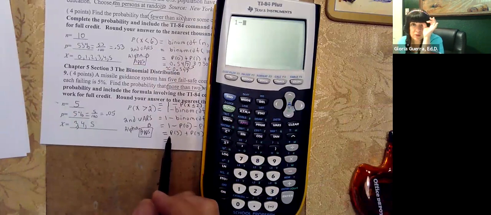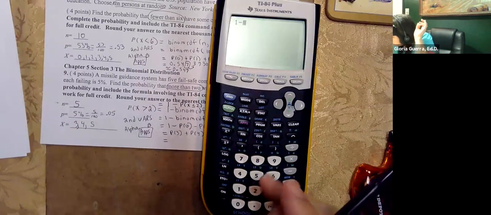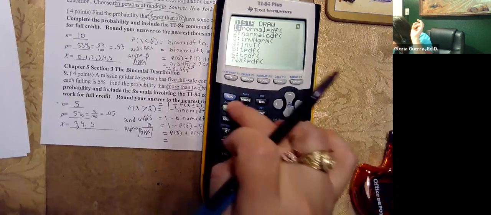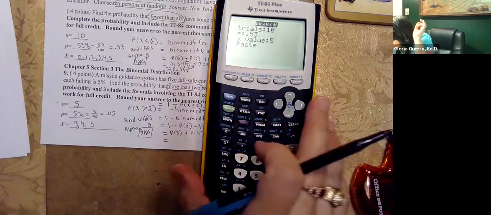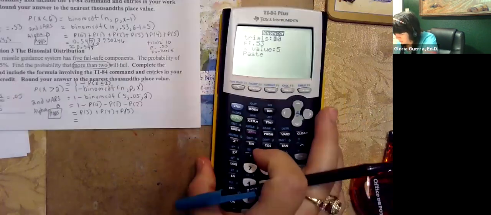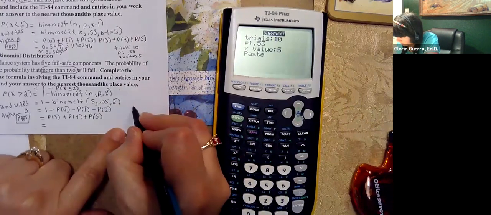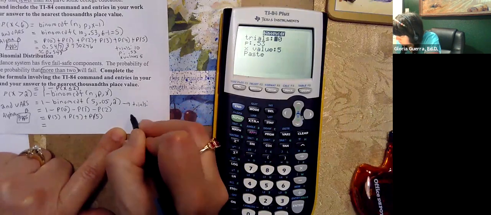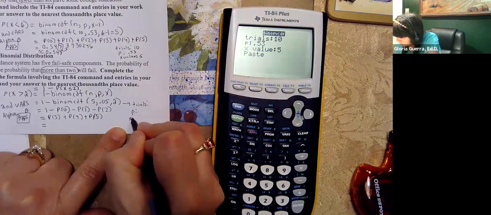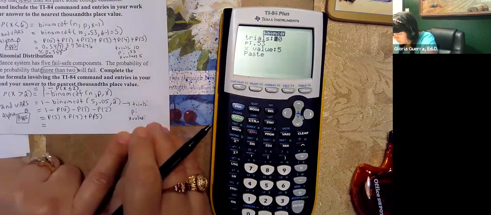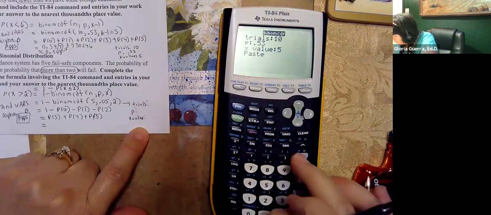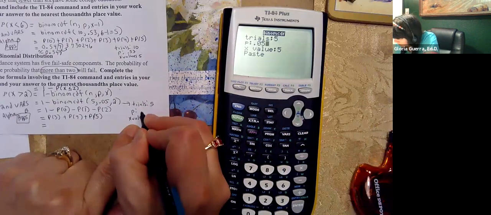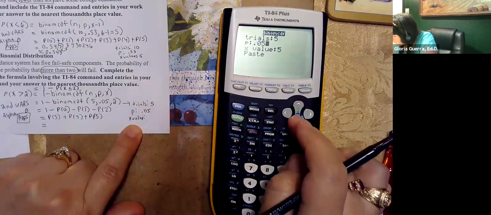You have to do 1 minus, and then 2nd vars, and then alpha apps, and then the trials would be 5. The probability is 0.05. And then the X value is 2.